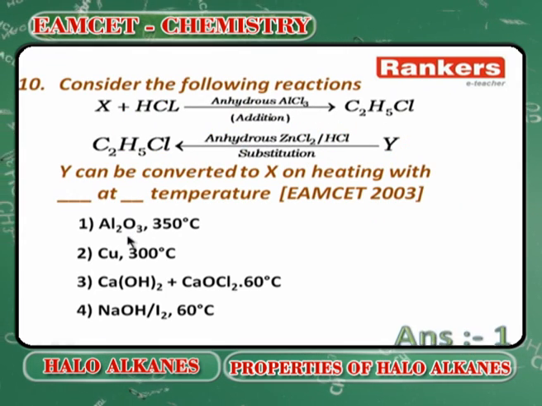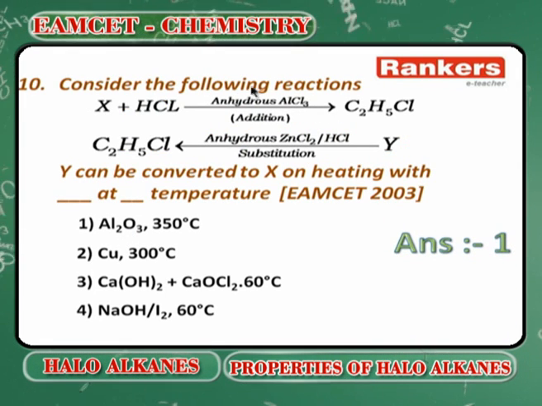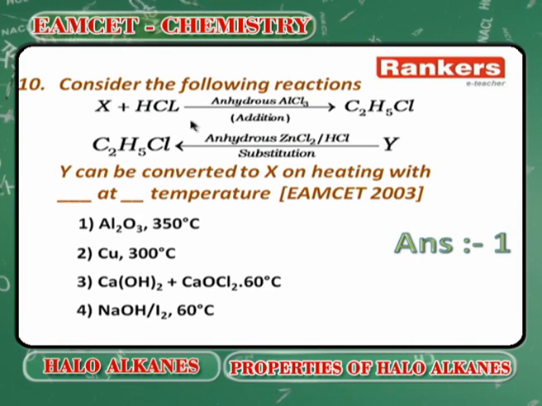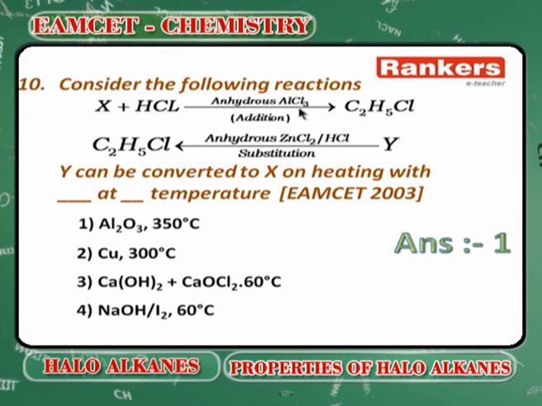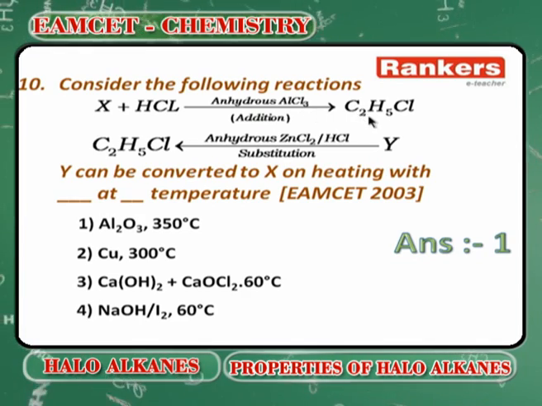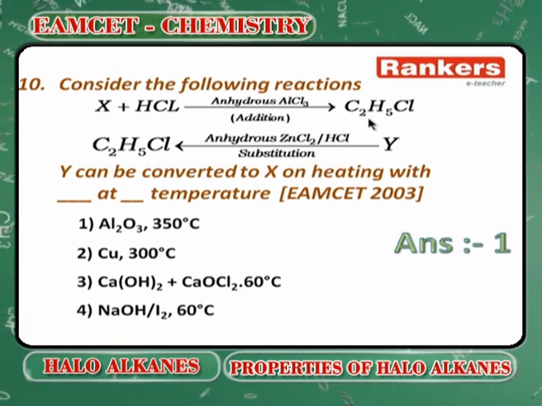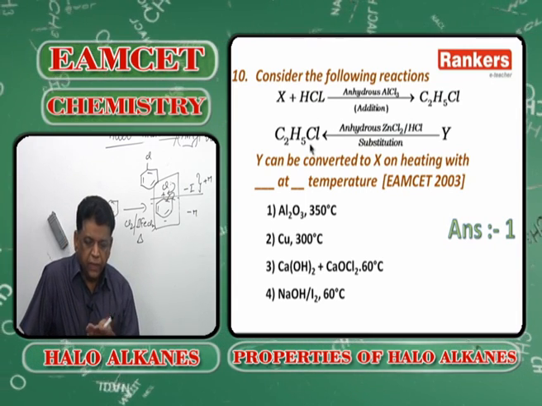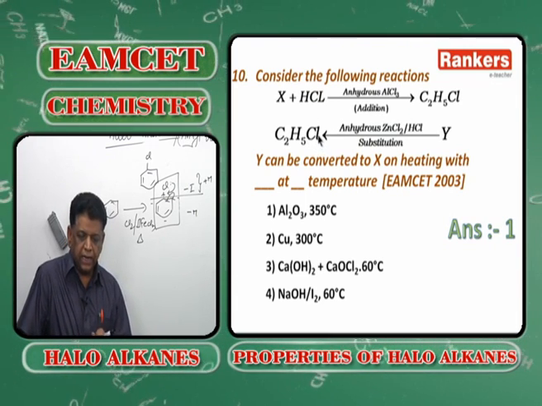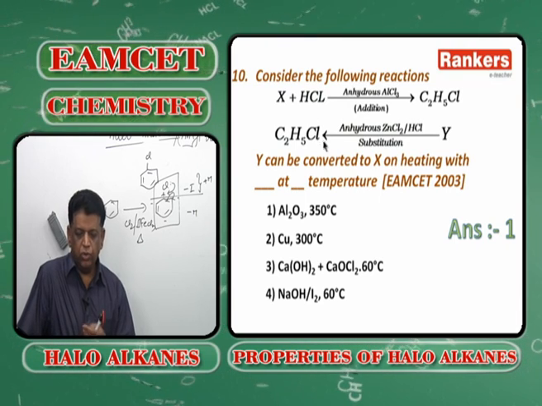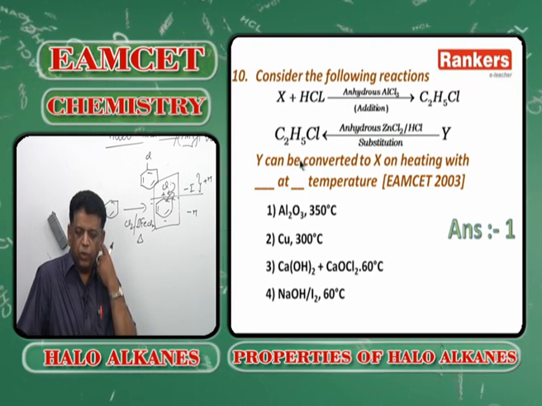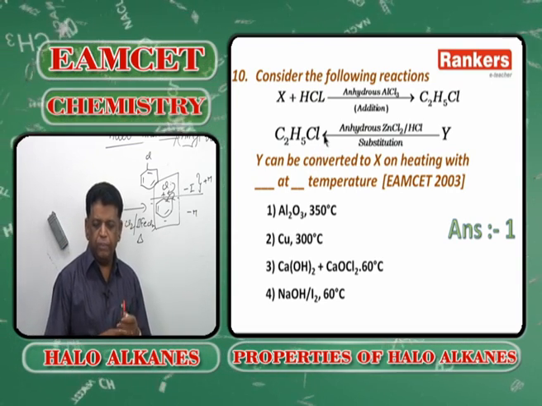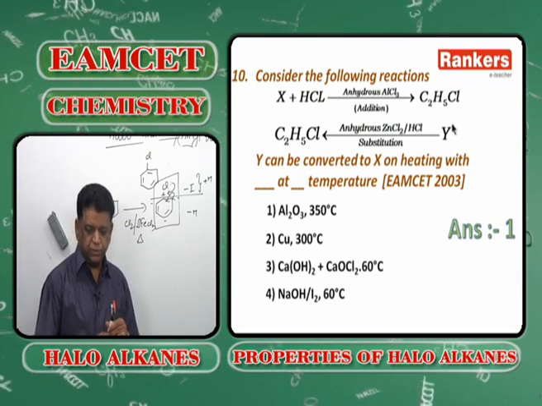Next. Consider the following reactions, X plus HCl, you are getting ethyl chloride, probably X must be ethylene, right. Then this ethyl chloride can also be prepared in the second step. Y is giving ethyl chloride. For compound Y, the reagent is Lucas reagent, anhydrous zinc chloride and HCl. So, Lucas reagent substitution, he has given a clue also what type of reaction it is. So, Y is giving ethyl chloride means Y must be ethyl alcohol, X must be ethylene.